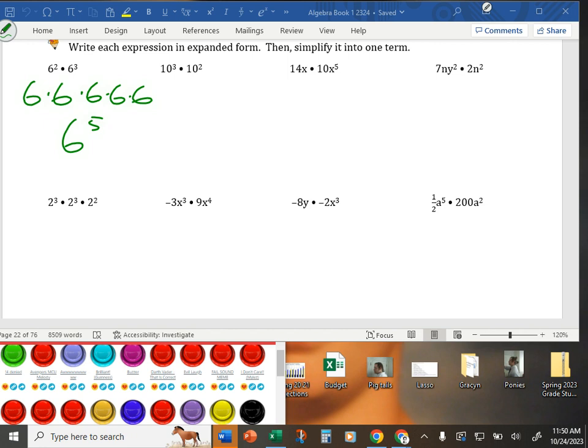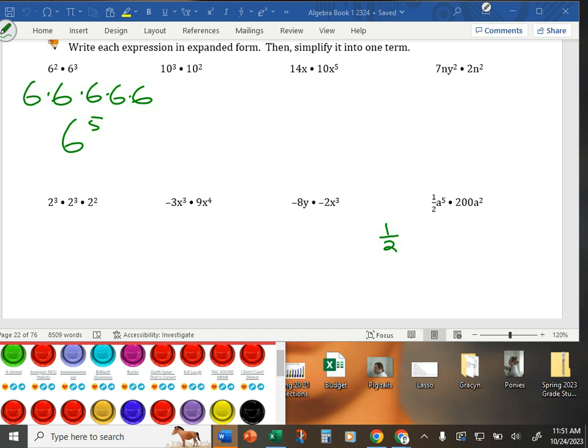1/2 a to the 5th. Sure. Okay. 1/2 a to the 5th times 200a squared. 1/2 a to the 5th, how many halves are there? 1, because that 5 is not attached to the half. It's attached to the a, right?